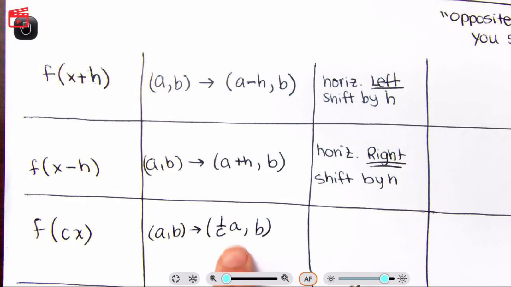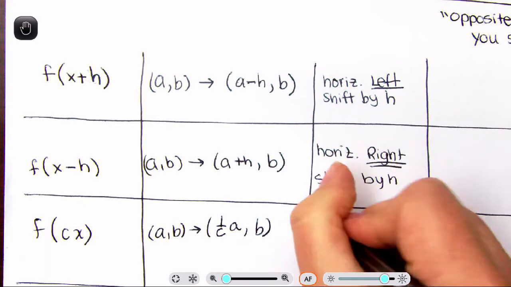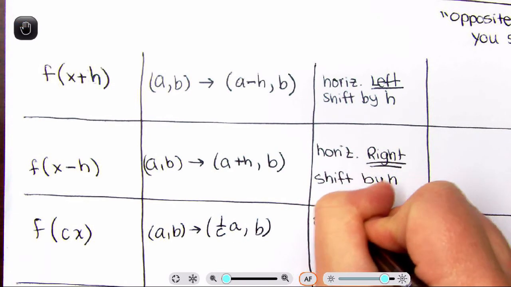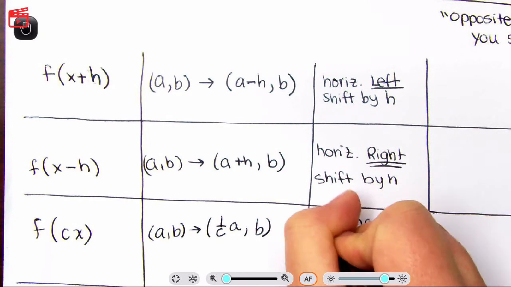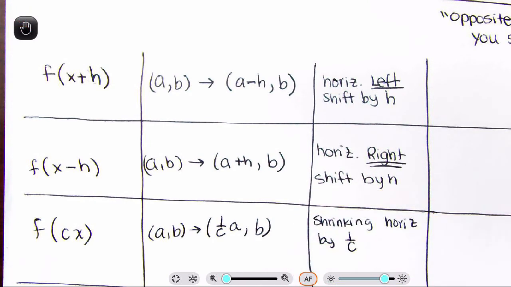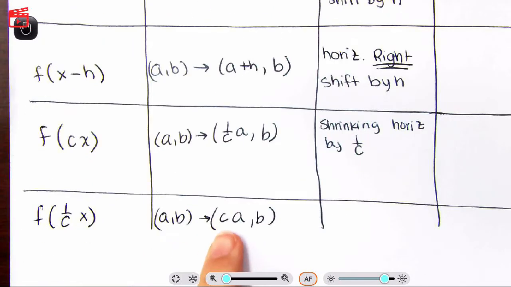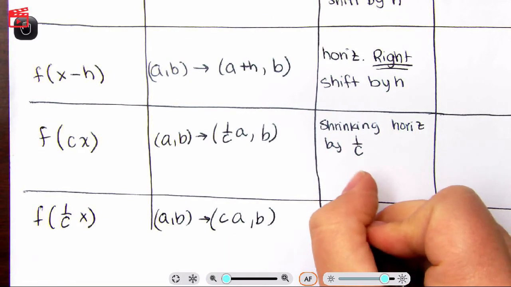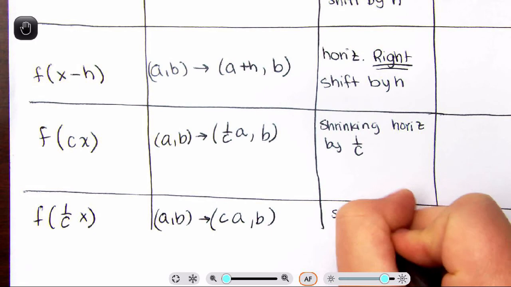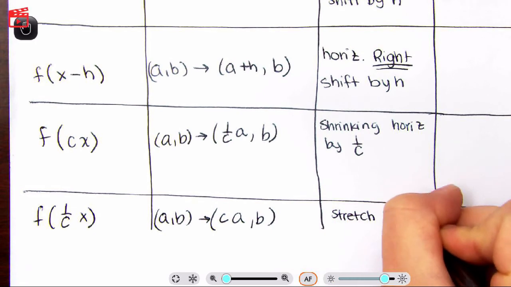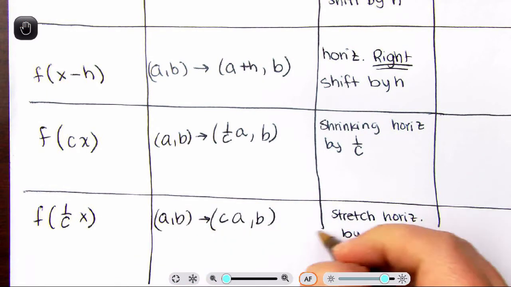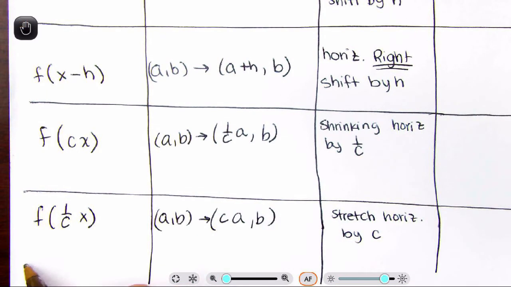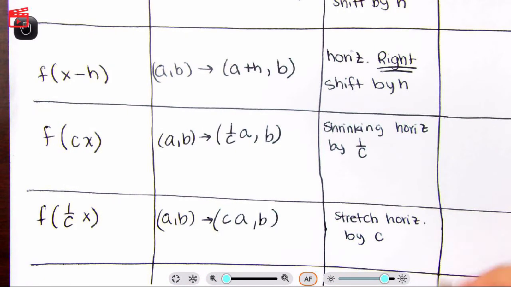So what's happening when we divide by c? We're actually shrinking horizontally by 1 over c. And since we're multiplying by a fraction, we're actually going to stretch horizontally by c. We're doing the opposite. Always think opposite when you are inside the bubble.